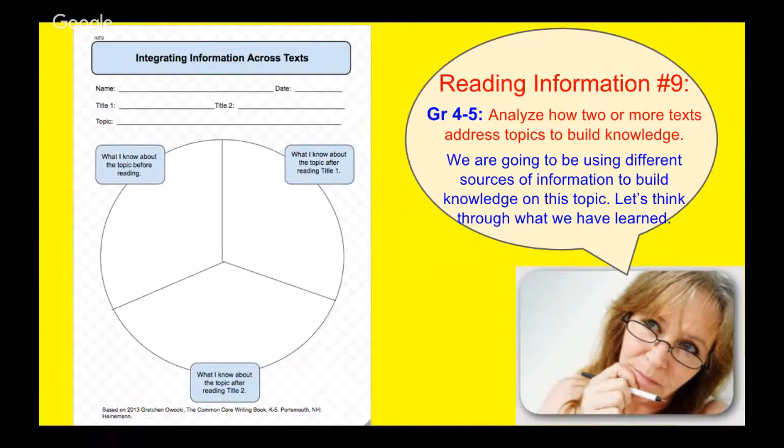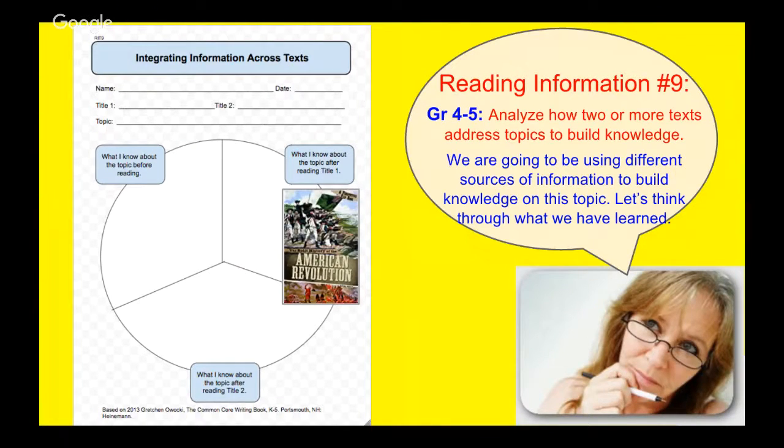So grade 4 and 5, really the shift now changes more into integration. So I love this graphic organizer where you first stop and think and record, what do you know already about this topic? Then this is connecting more with 5th grade social studies, where you work with the Revolutionary War.